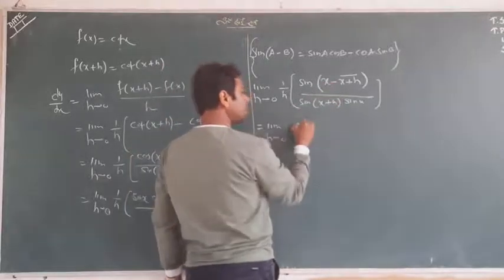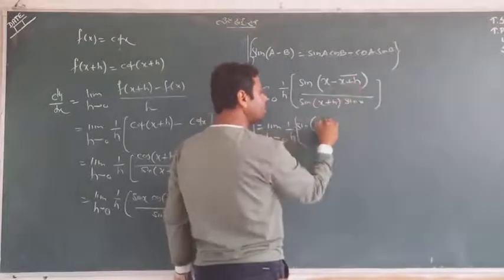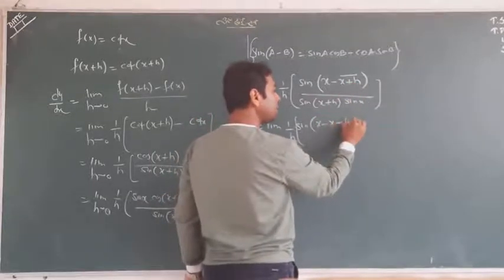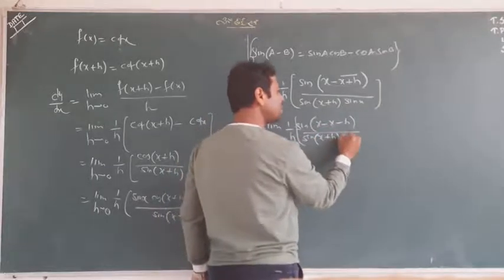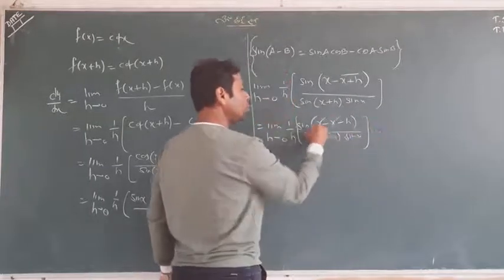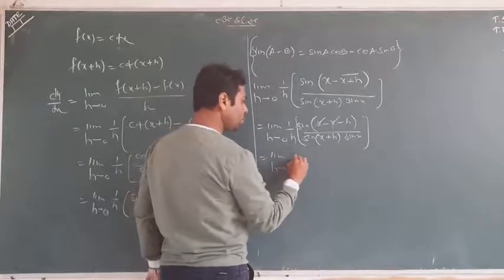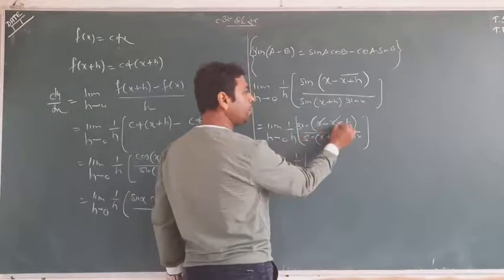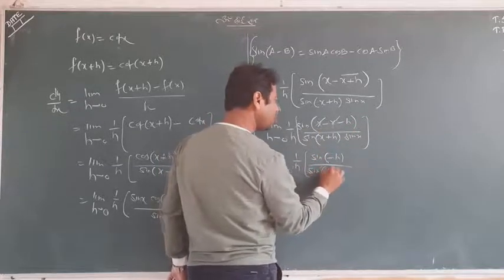This is 1 by h. Open the bracket: x minus x plus h upon sin x plus h sin x. Both x will cancel. Limit h tends to 0, 1 by h, sin of minus h upon sin x plus h sin x.